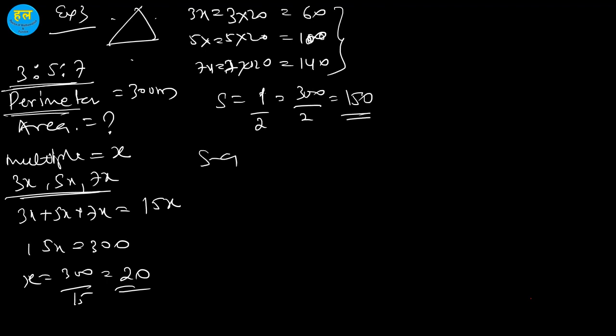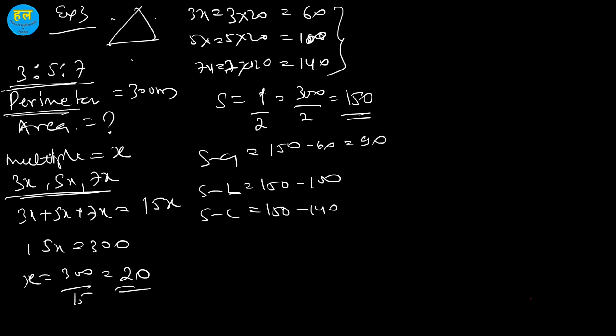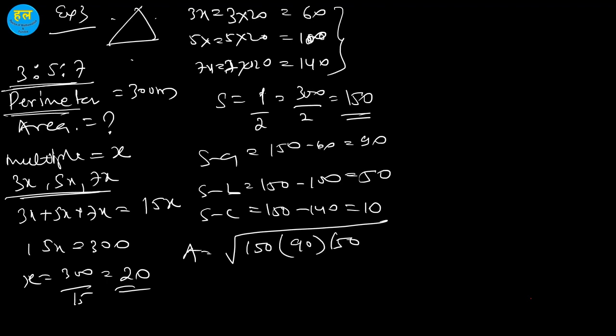Then we have to find S minus A, S minus B, S minus C. S minus A is 150 minus 60, 150 minus 100, 150 minus 140, which are 90, 50 and 10. So area will become under root of 150 into 90 into 50 into 10.